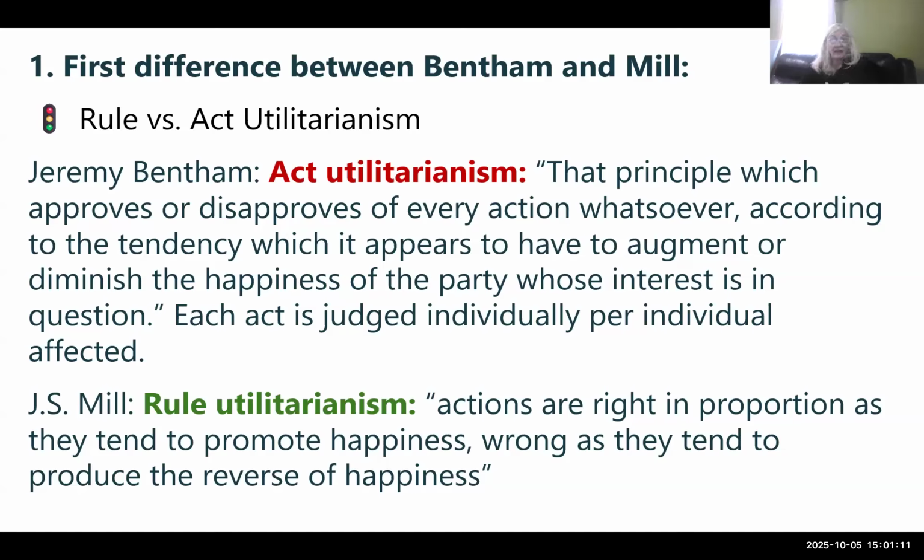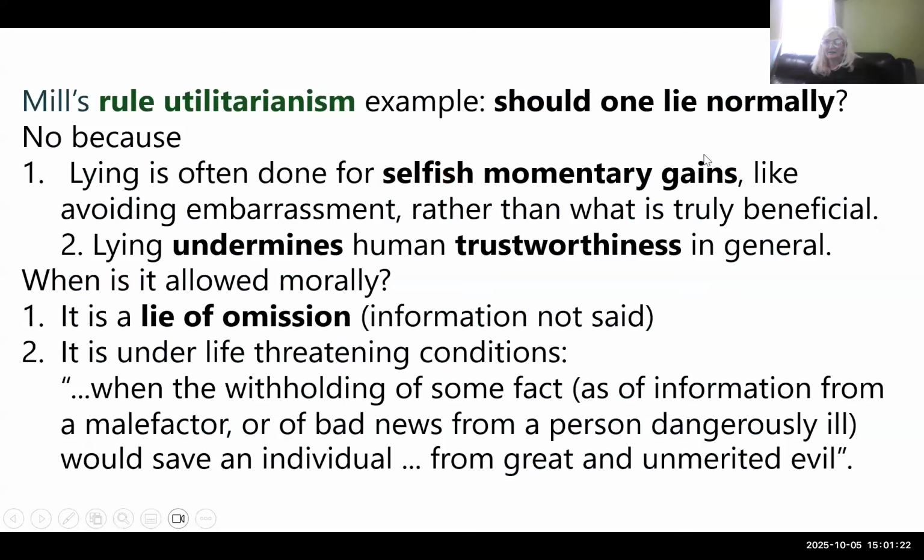Mill, instead, you think ahead of time about what generally promotes happiness for most people, and you go with these general rules. So for Mill's rule utilitarianism, he gives the example that normally one shouldn't lie. Okay, why should one not lie? Well, these are his reasons.